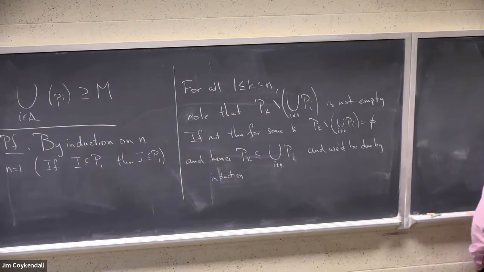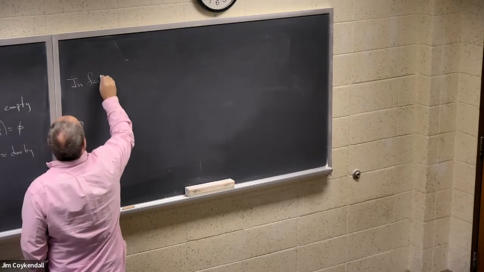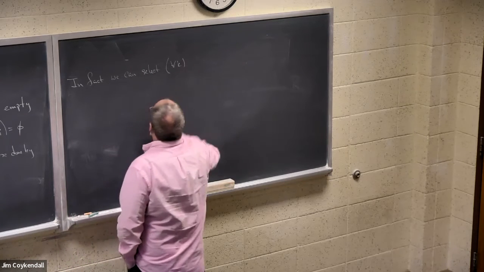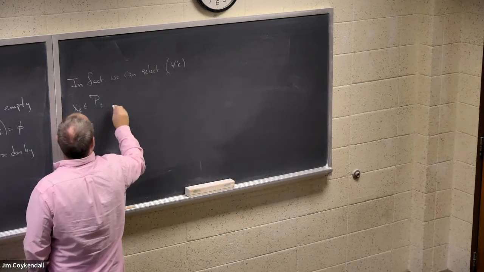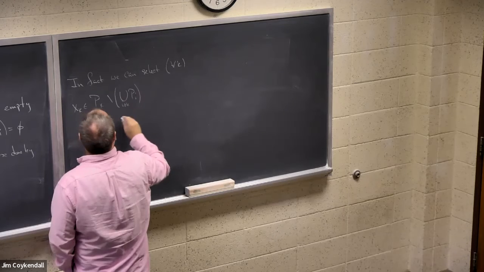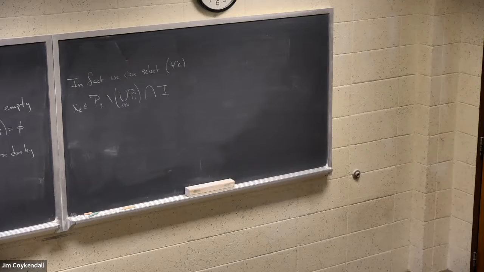So let me also point out that a similar argument shows that, in fact, for all k, we can select xk in pk minus the union of the primes that aren't k, and also in I. The argument here is very similar to the one that we just did, showing that pk minus the union of the other ones intersected with I is empty.